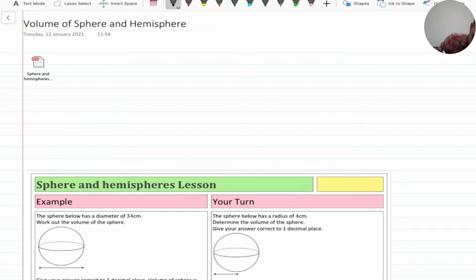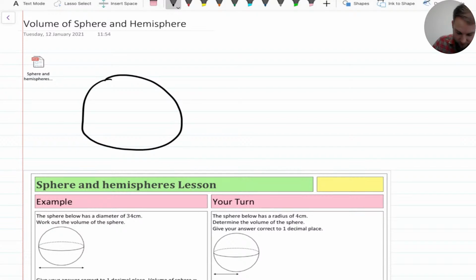So the best way to do this is to draw a circle. Draw a circle, and then if you do a dotted oval around here, and then go from the center to the edge, this is the radius, like so.